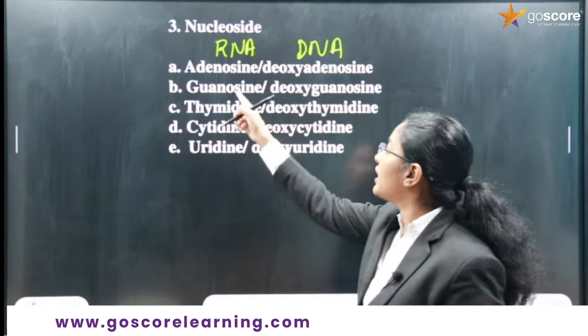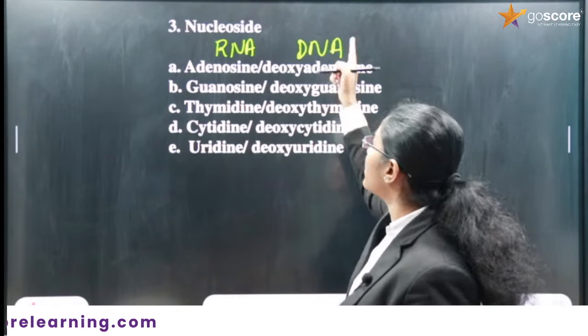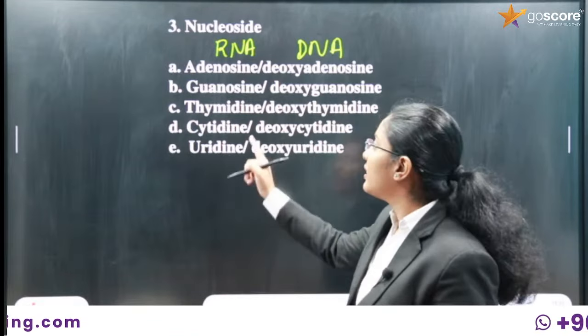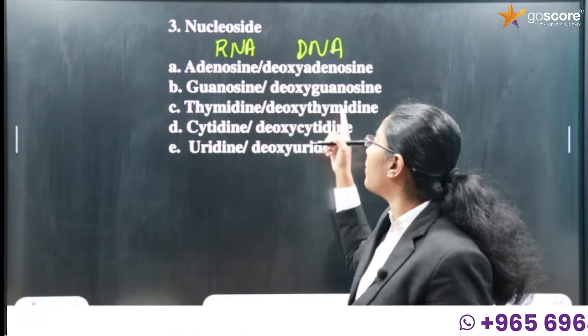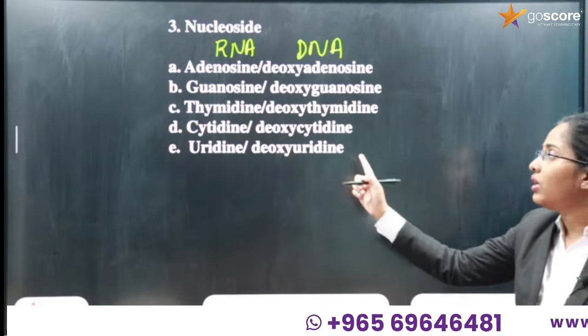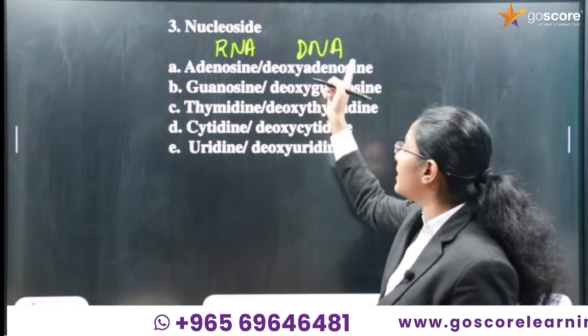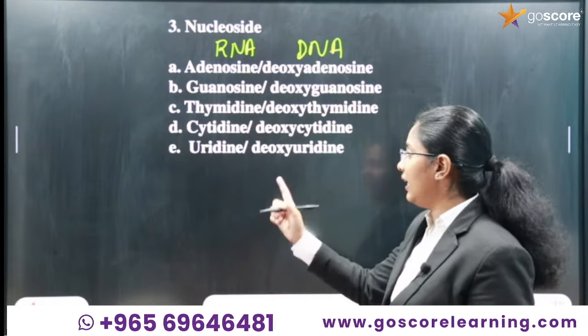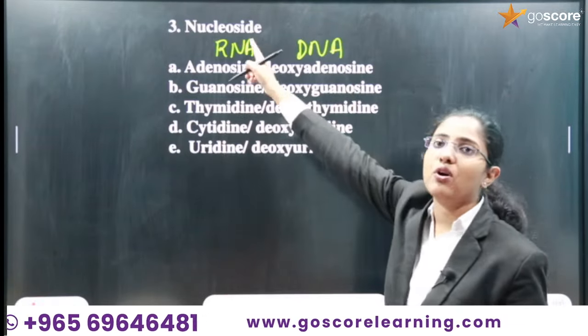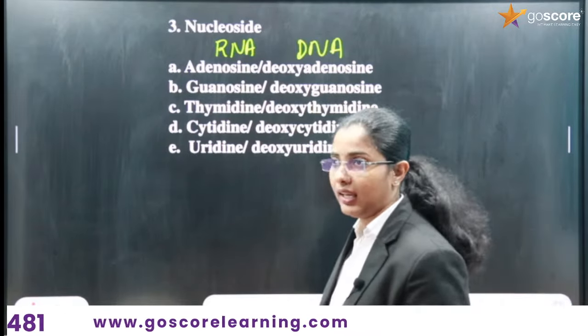Guanosine is present in RNA, deoxyguanosine is present in DNA. Thymidine is present in RNA, whereas deoxythymidine is present in DNA. Cytidine is present in RNA, deoxycytidine is the component of DNA. Uridine is the component of RNA, whereas deoxyuridine is the component of DNA.